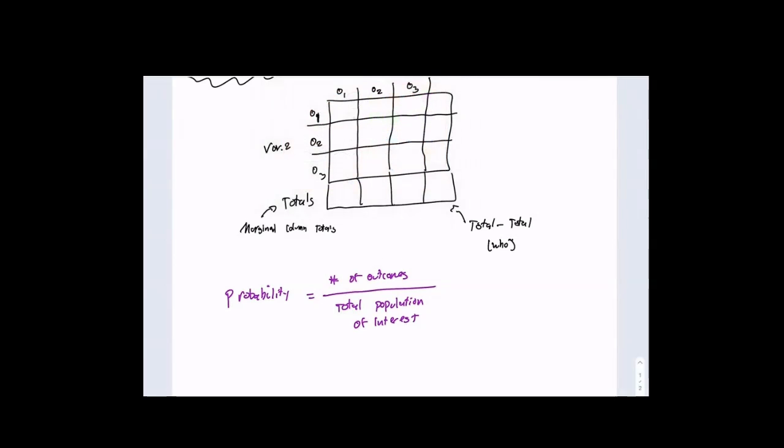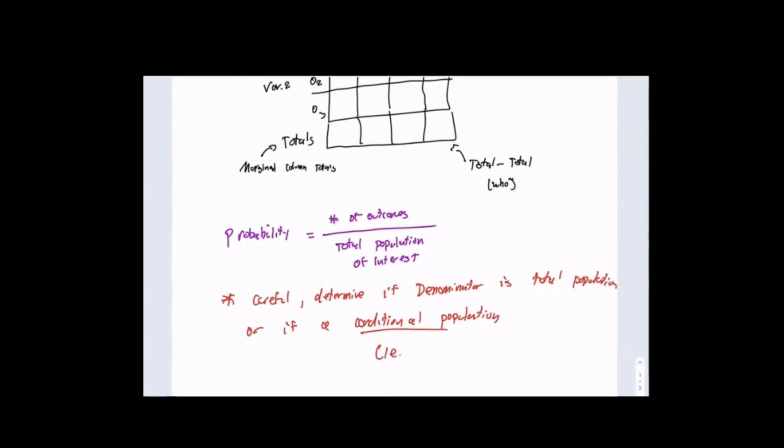So I want to be careful. Determine if the denominator is the total population or if a conditional population, i.e., of males or of students versus of males.